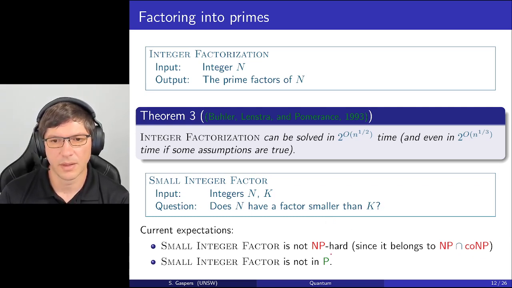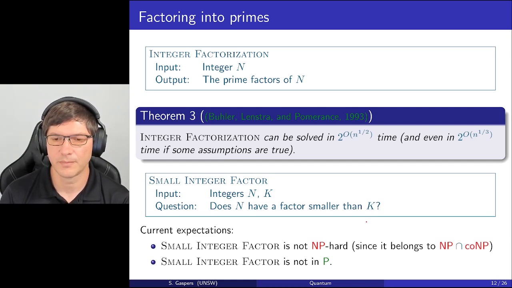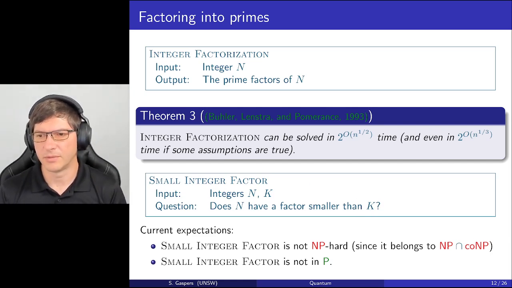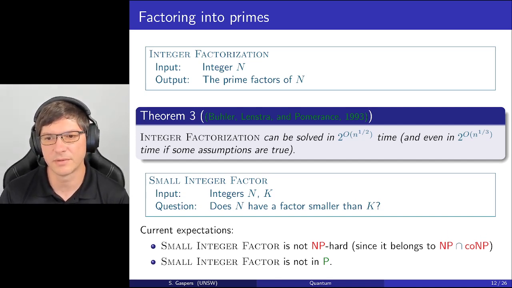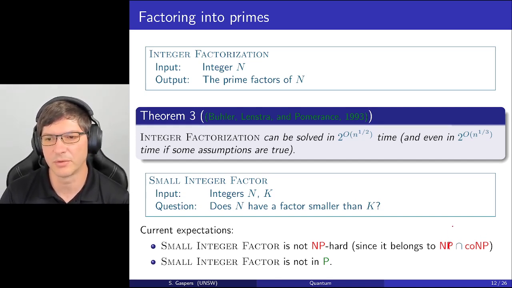And a small certificate for being a no instance would be a factorization of n into primes that are all at least k. Since we have small certificates for both yes and no instances, the problem belongs to NP intersect co-NP.